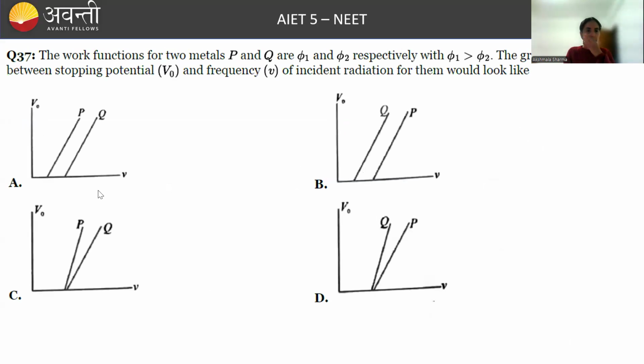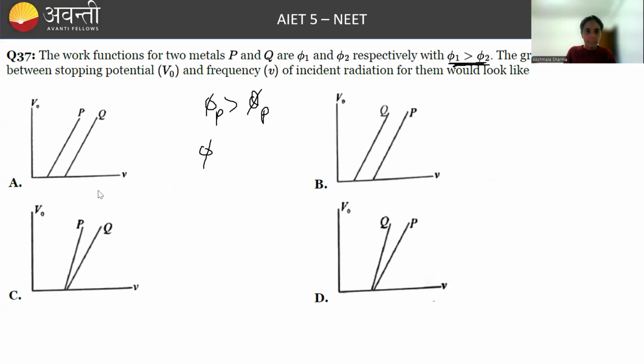Now let's solve it. The work function for two metals P and Q are phi 1 and phi 2 respectively, with phi 1 greater than phi 2. So the work function of P is greater than that of Q. Work function is basically the minimum amount of energy of light that is required to knock out the electron.